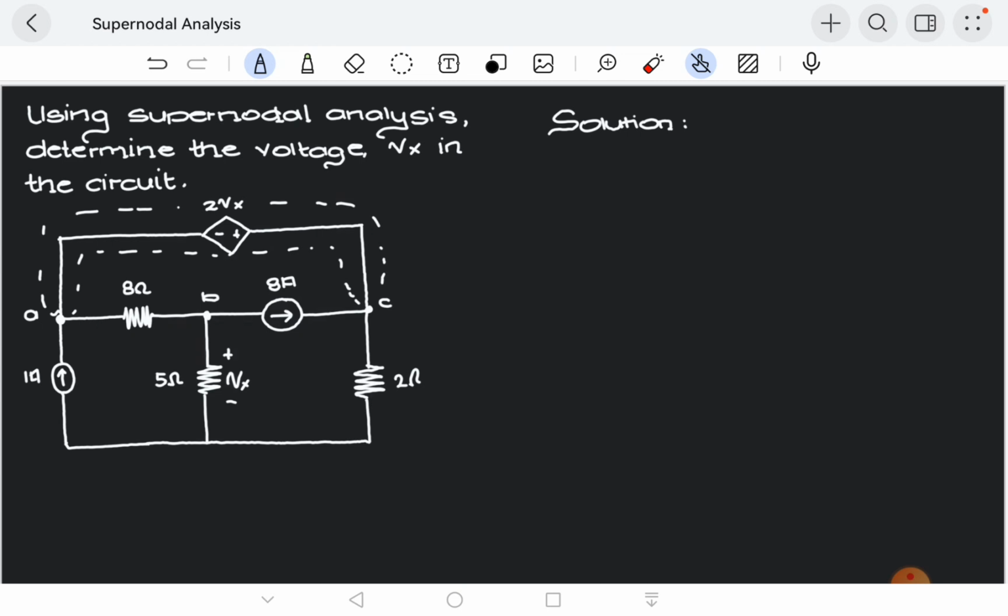The next step after labeling the nodes is to apply KCL. So by KCL, we start at the supernode A and C. Again, Kirchhoff's current law, KCL: I in equals I out.